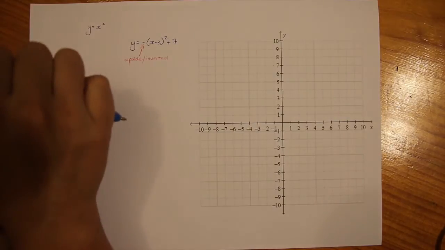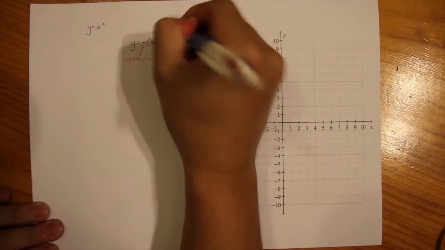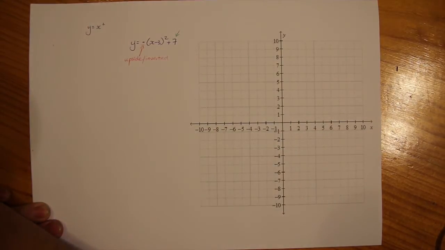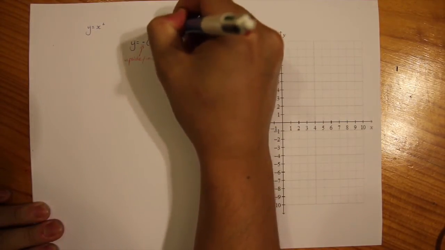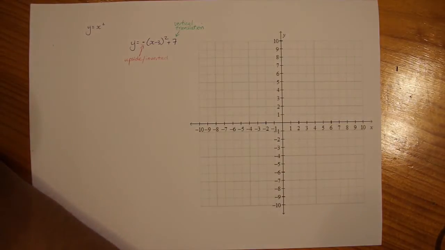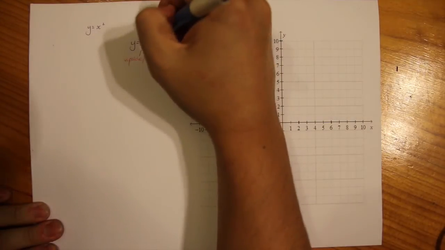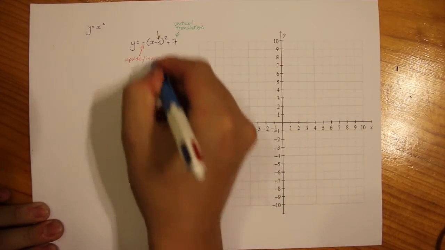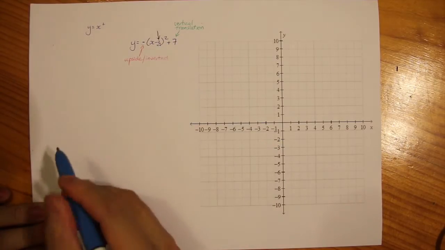We also know that that value over there is going to be your vertical translation, so moving up or down the y-axis. The last thing is the actual 3. Ignore the negative.